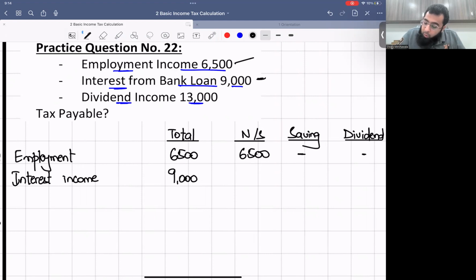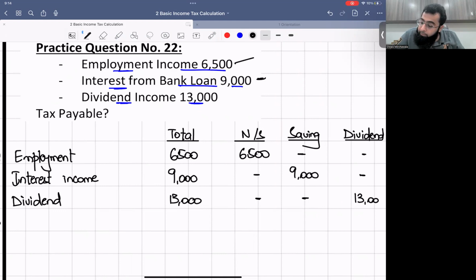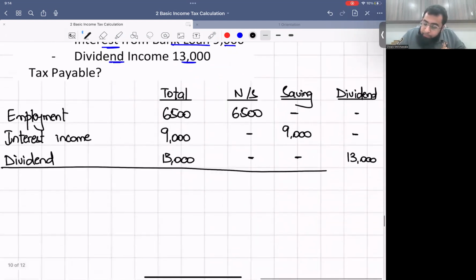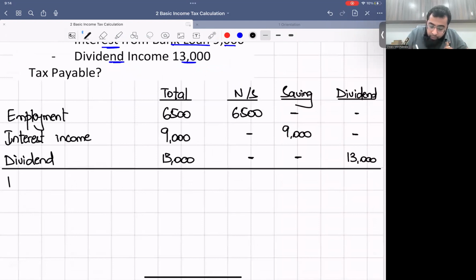It goes in the column of saving. And then we have dividend income, that is 13,000. It goes in the column of dividend. Is it clear? We will add up all of them to arrive at the value of total income.